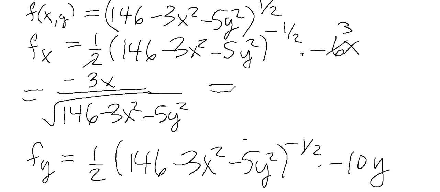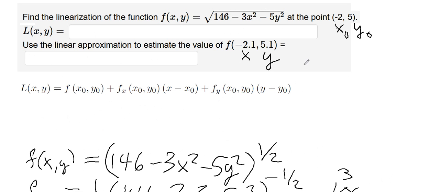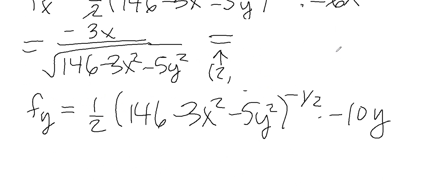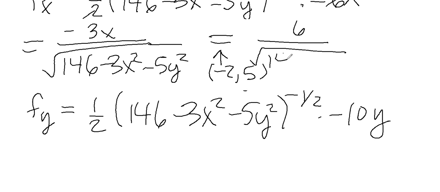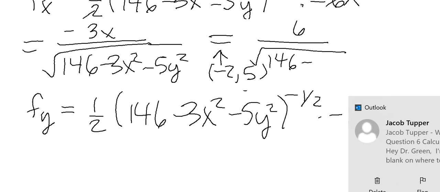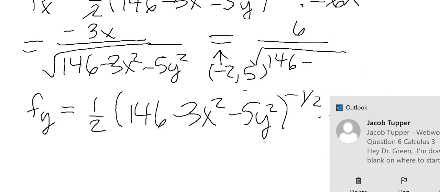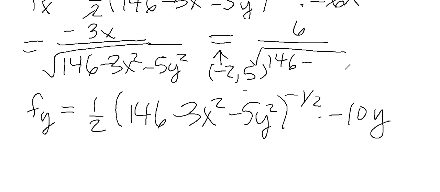And then we want to evaluate this at the point -2, 5. So x is -2, that will give us a 6 on top. And then in the denominator here, we will have a square root 146 minus 3 times x squared. So -2 squared is 4 times a -3, so minus 12.